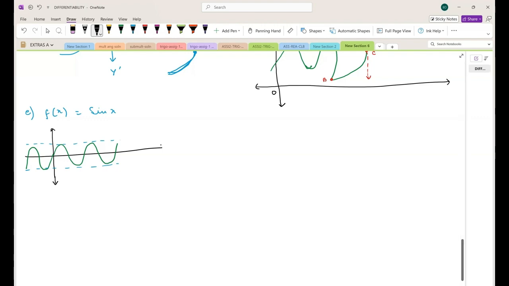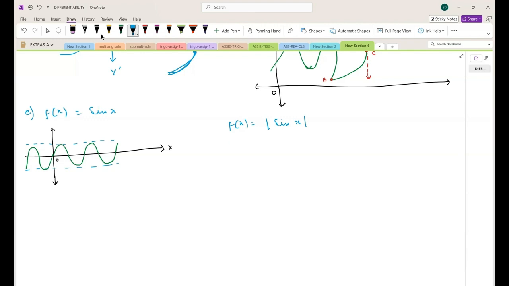Now what I am doing is, instead of taking f(x) equal to sin x, let me take f(x) equal to mod sin x. Now what I am doing essentially is, my function, that is the value of y, cannot be negative. That means there will be a change in the pattern of the graph.